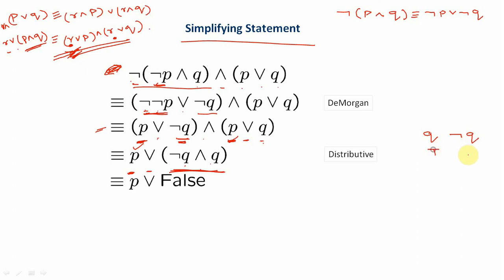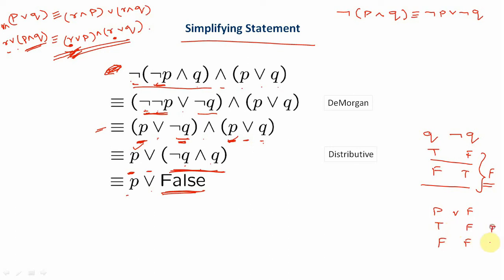If this is true, this is false. If this is false, this is true. And if I'm performing the AND operation between these two, the resultant is always going to be false. So I have P or false, right? Now I have an OR operation over here, P or false. I can have true over here or false over here. This is false and false. Please see the resultant.